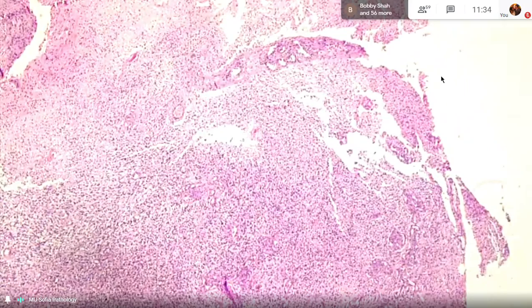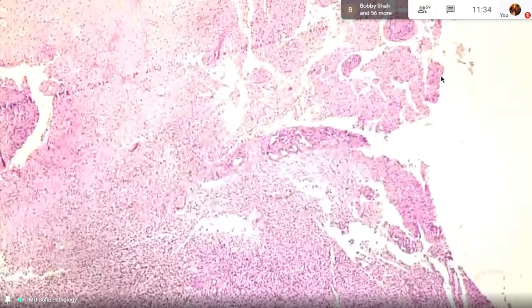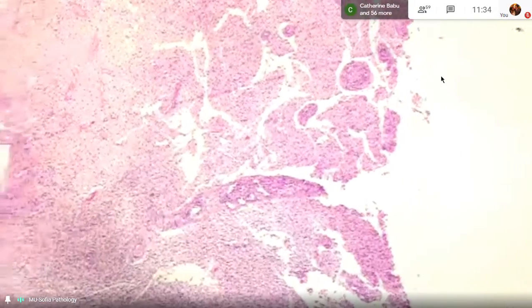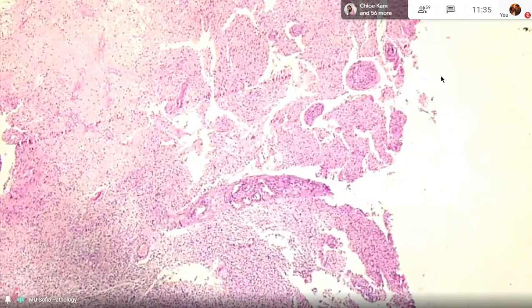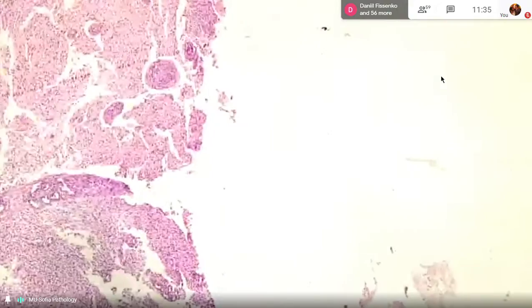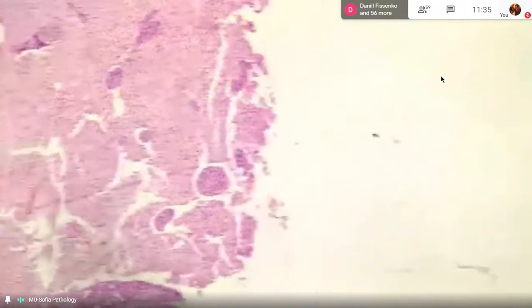And there is also one very important thing. Look at the vessels of the tumor. Here, for example, I think I put them in the center. We can see 1, 2, 3, 4, 5, 6 capillaries that are very close to each other, and there are some areas like this.